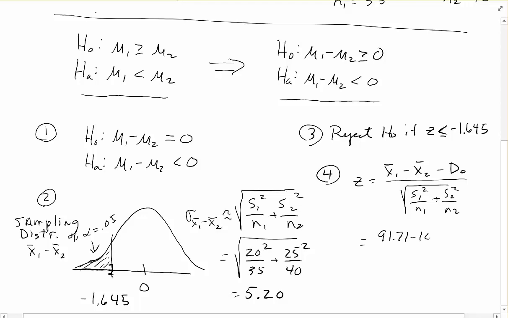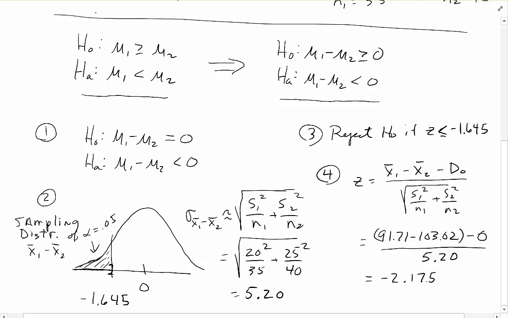91.71, subtract 103.02. I'm going to take that difference, subtract what we're testing against, which is 0. We're assuming that there is no difference between the means, trying to see if we can prove there is. And then I'm going to divide by my calculated standard deviation. This value turns out to be negative 2.175.